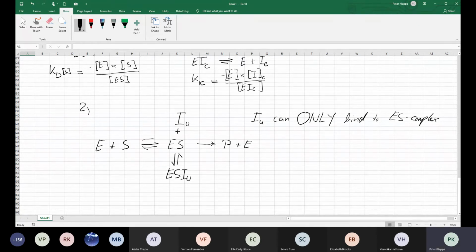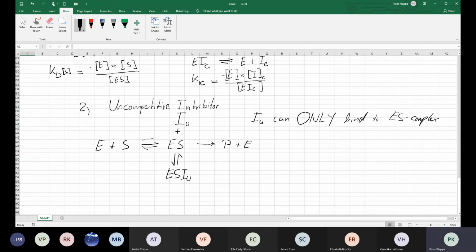this type of inhibitor is called an uncompetitive inhibitor, because it's exactly the opposite of a competitive one.